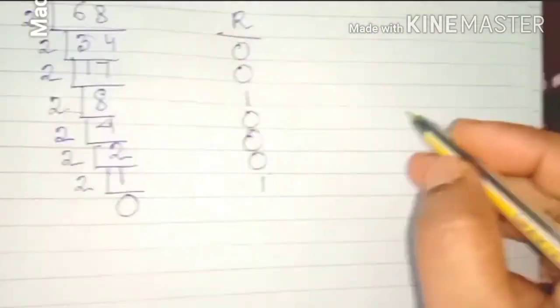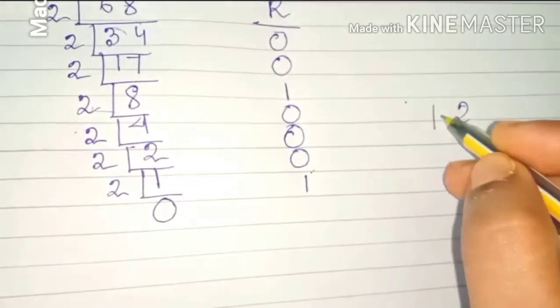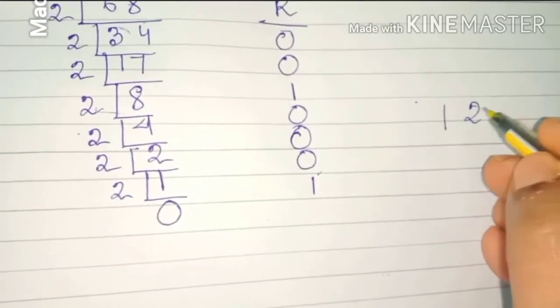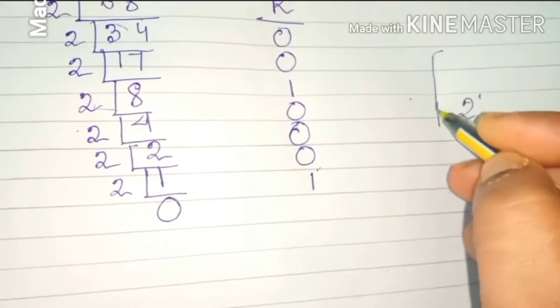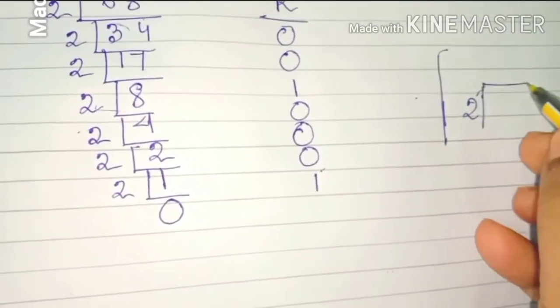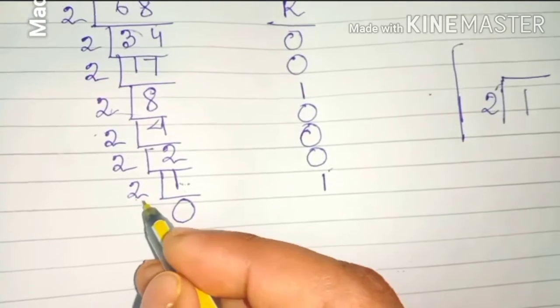See, I am showing you so that you are not confused. Here 1 is your last quotient and you are dividing by 2.